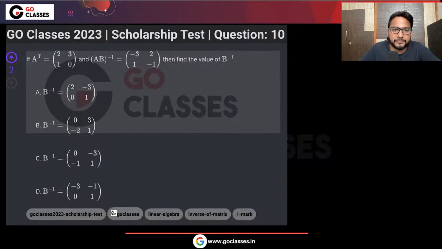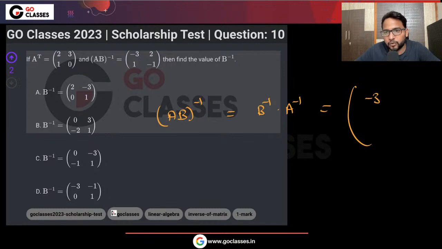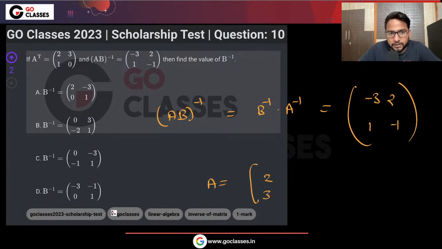Now let's see this. That's one interesting question. Here AB inverse is given, which is basically B inverse into A inverse, given to be -3, 2, 1, -1. And A transpose is given, which means A is also given, you can just take the transpose of it, which is 1, 0.